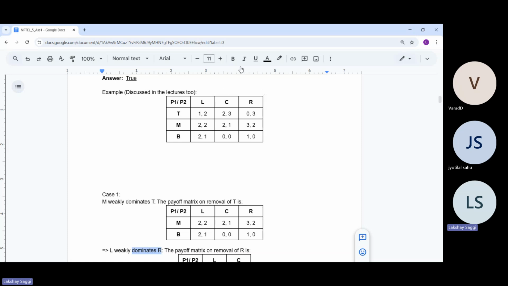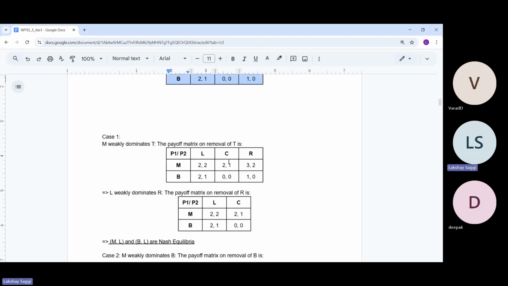But let's see if there is another order in which we can remove the weakly dominated strategies, and whether we would then get different Nash equilibria. Let's keep the original payoff matrix in mind.